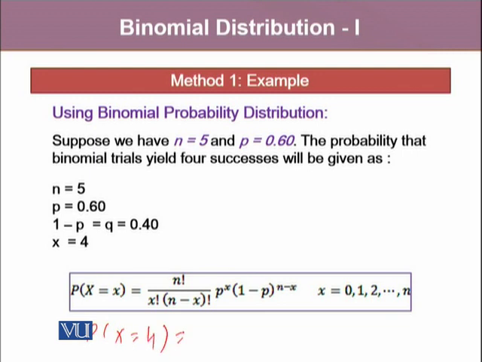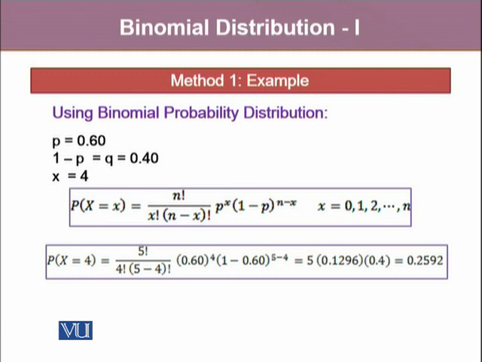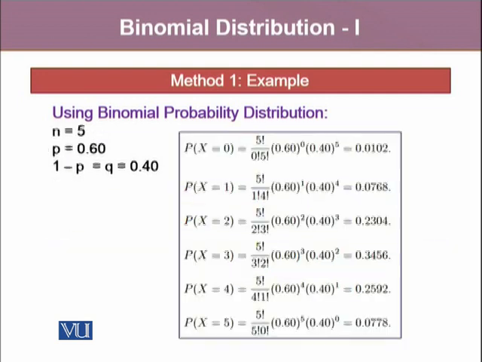This probability can be obtained by using this formula and simplifying by 5 factorial divided by 4 factorial times (5 minus 4) factorial, and substituting all those given values into the probability mass function of the binomial probability distribution and solving it, the value turned out to be 0.2592. So this is a rather easier way to calculate the probability as compared to the multiplication rule. And this is quicker as well. And it includes all the other possibilities that could arise as the result of this random experiment of obtaining 4 successes and 1 failure eventually.